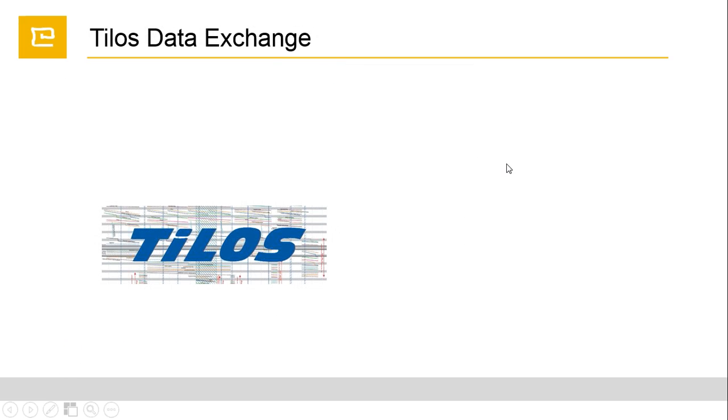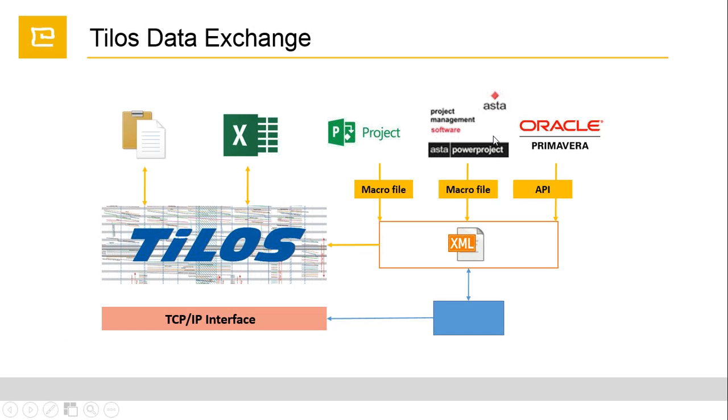Okay. And now Tilos is also integrated with other systems such as Excel. On Excel, we can keep our data, our quantities, our productivity rates, so we can bring the data into Tilos. Or when we would like to extract data from Tilos, we can put it into Excel. It is also integrated directly with Primavera, Microsoft Project, and Asta Powerproject. This way, we are able to put our existing schedules into Tilos.